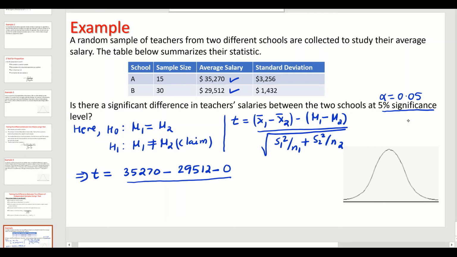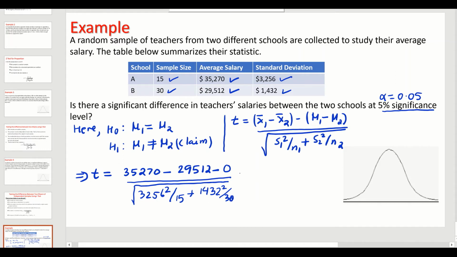divided by the square root of, okay, the standard deviation for the first, 3256 squared divided by N1, which is 15, plus S sub 2 squared, which is this one squared, 1432 squared divided by N2, which is 30.